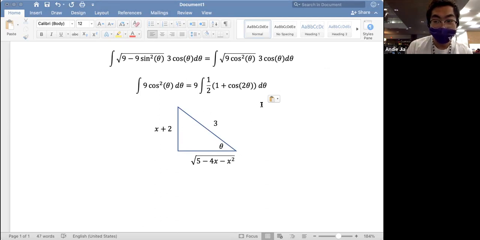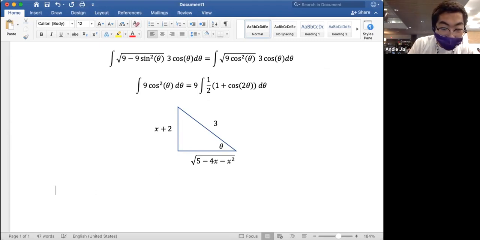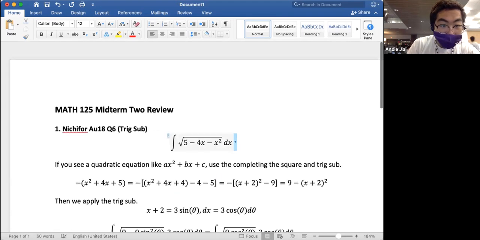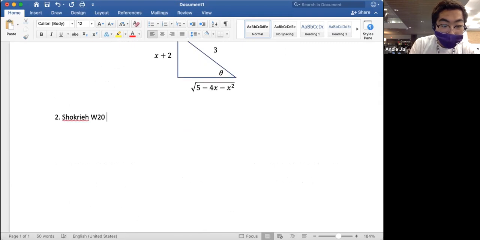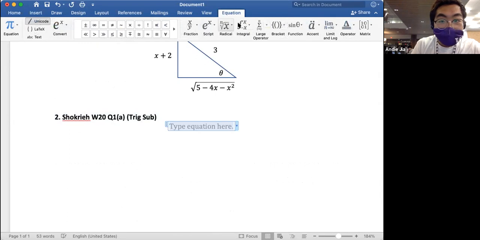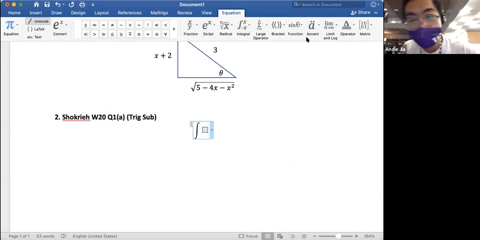Then let's do part A. This indefinite integral. Another trig integral, another trig sub. Just give me some time so I can put that integral here.